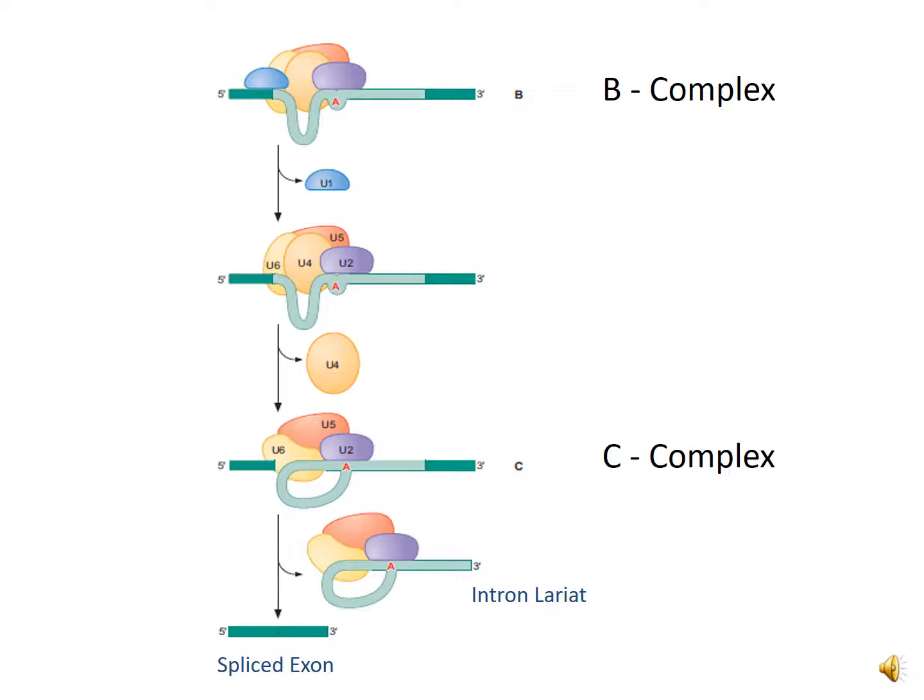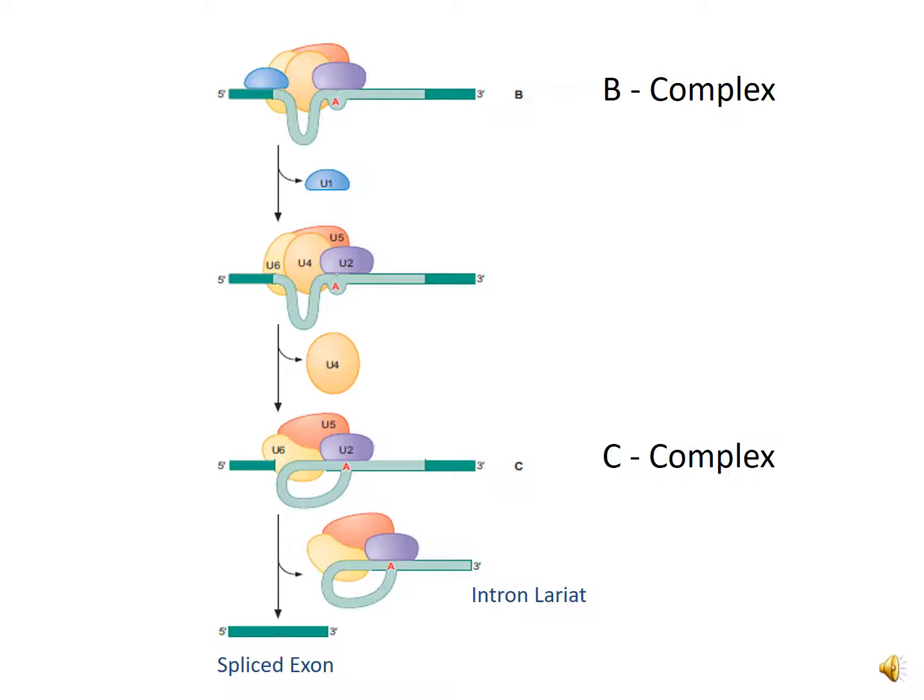So U6, U2 RNA-RNA interactions are very critical for proper splicing to take place. U6 is responsible for holding the cleaved exon, and U2 will bind and stabilize the intron lariat.